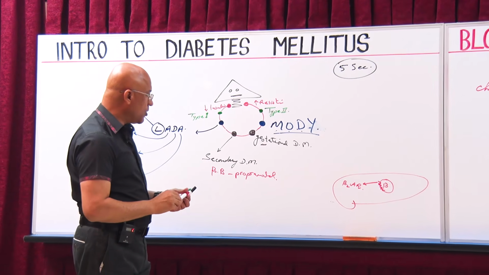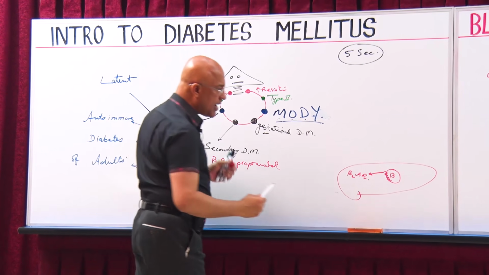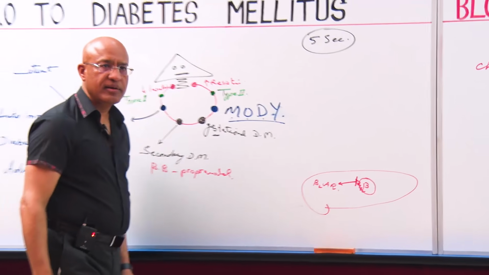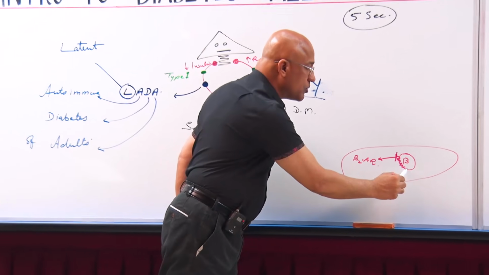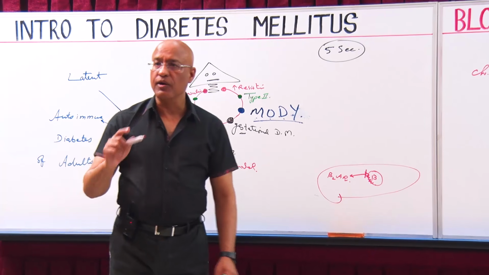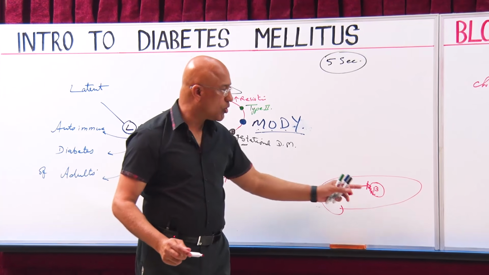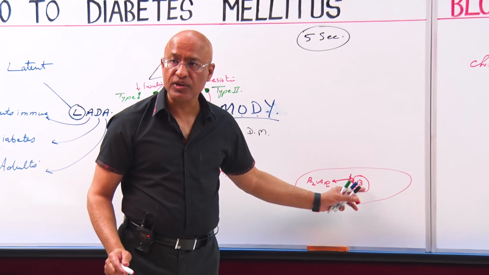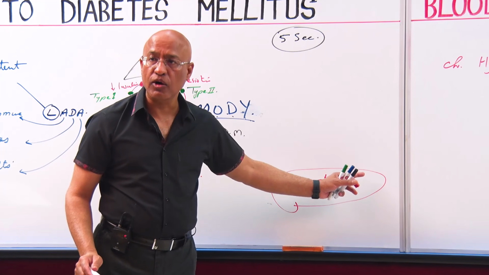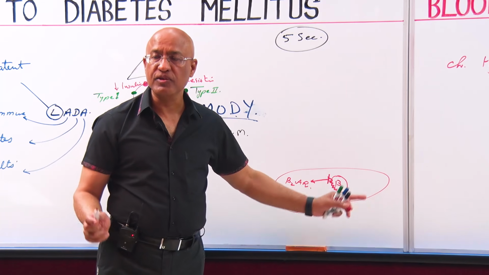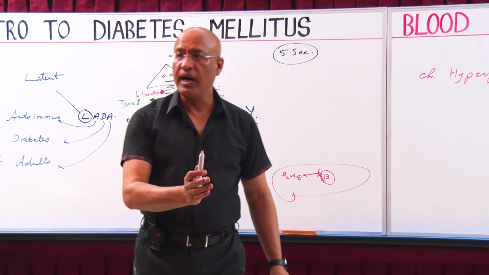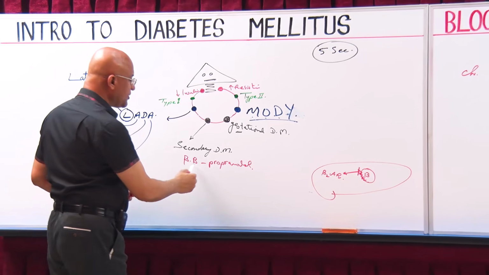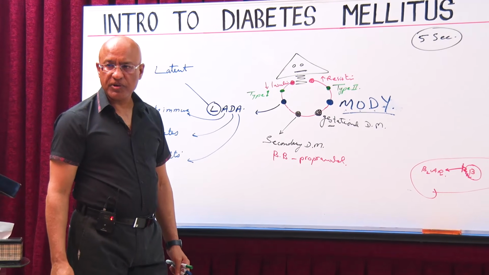Now, if we give a beta blocker, this receptor is not functioning. There are alpha receptors there too. If these adrenergic receptors are not functional, insulin will not be released properly. There will be dysfunction in production and release of insulin, and the person will develop a tendency for chronic hyperglycemia. So we will say this is an example of secondary diabetes mellitus.